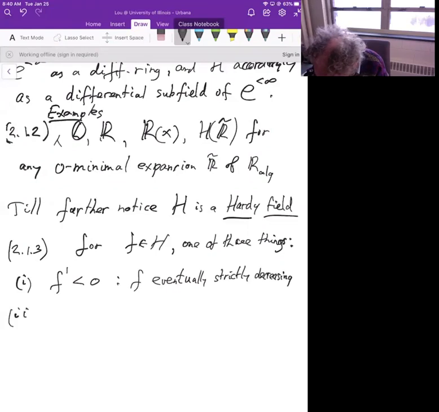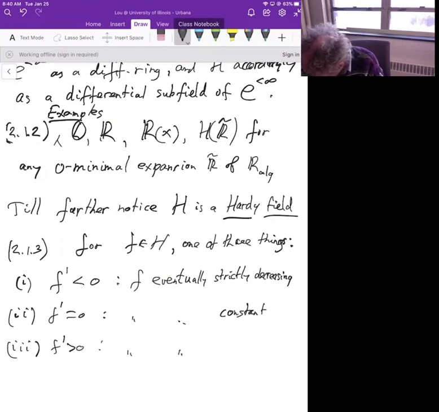Second, f prime equals 0, f eventually constant. And the third possibility is that f prime is positive, and that will mean that f is eventually strictly increasing.